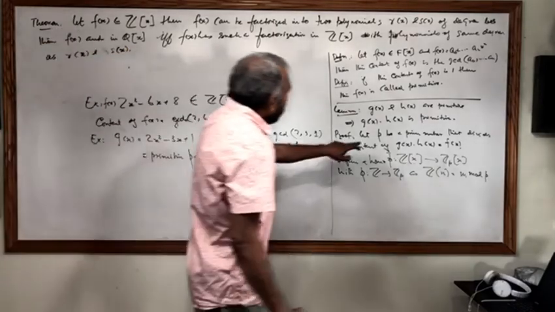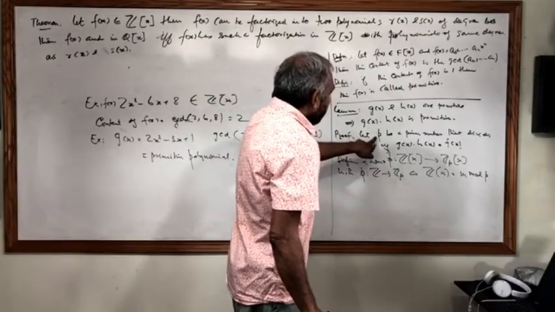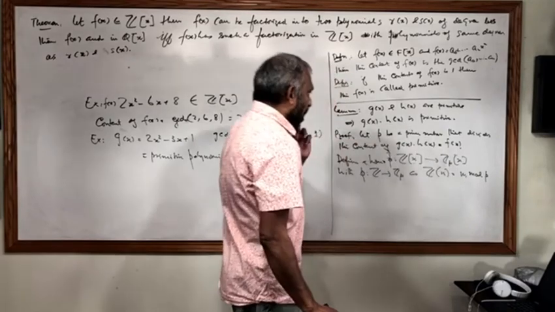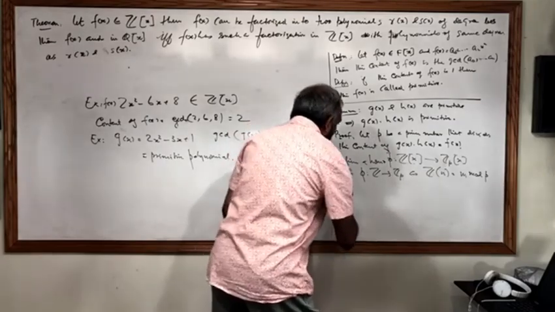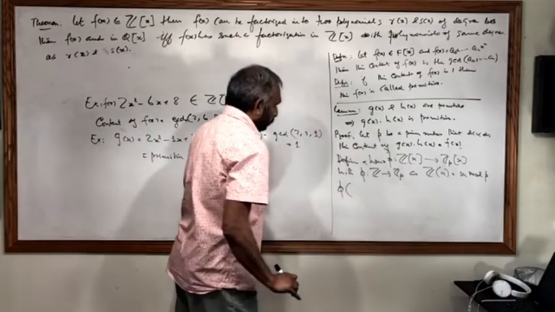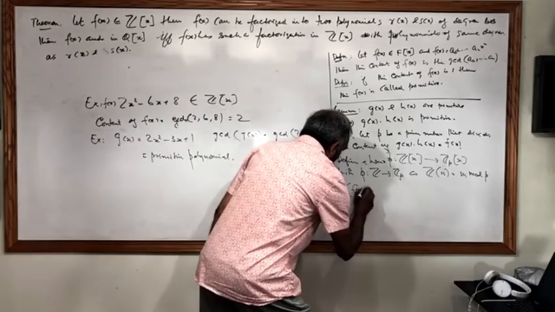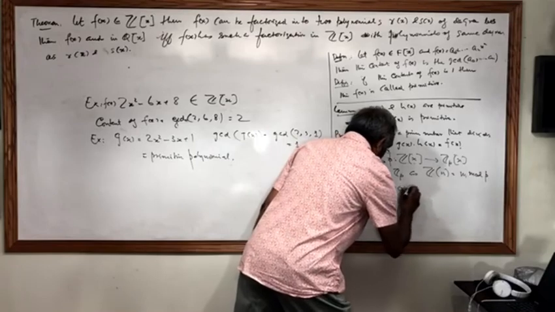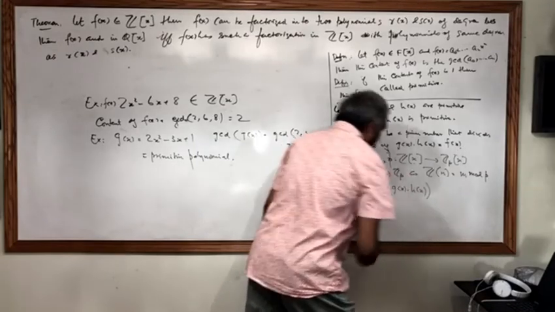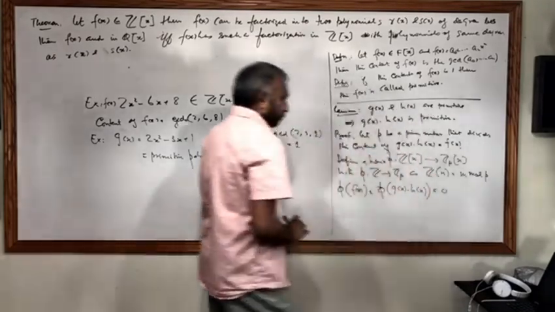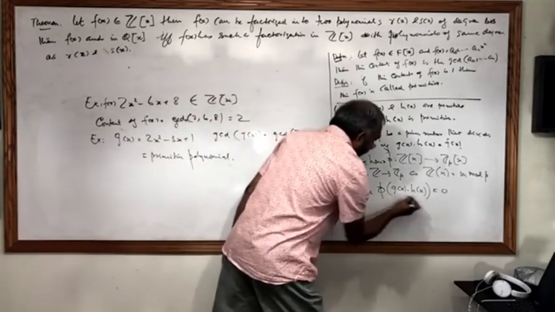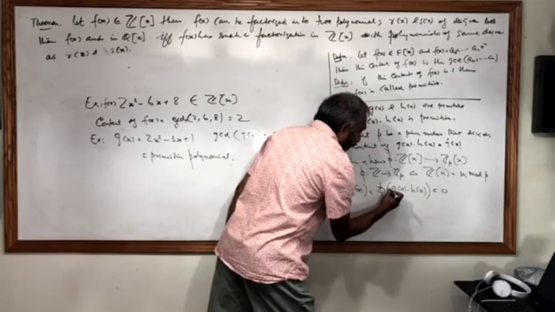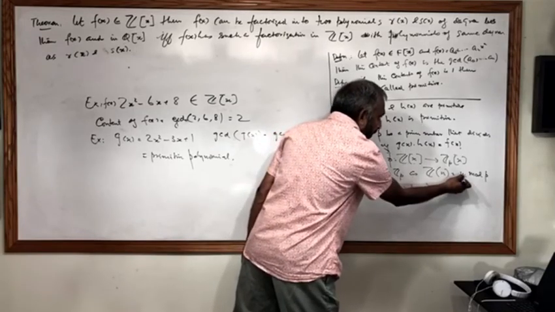So if p divides the content of this, phi bar of f(x) is equal to phi bar of g(x) times h(x), and that should be equal to 0, because you have a common factor here, and if you take p outside, the p will be mapped to 0 because it is n mod p.